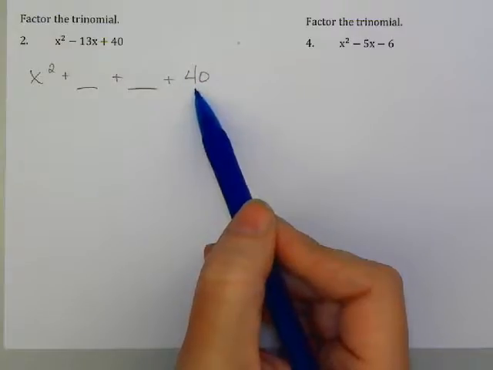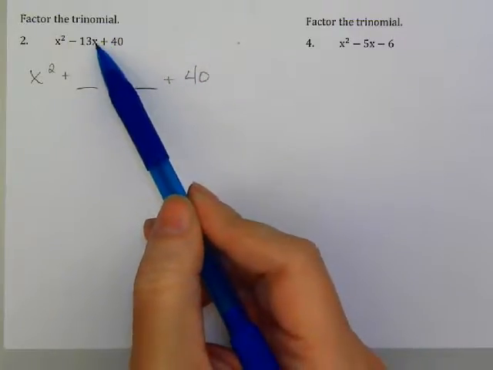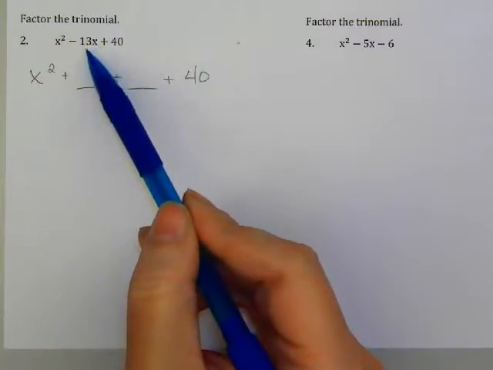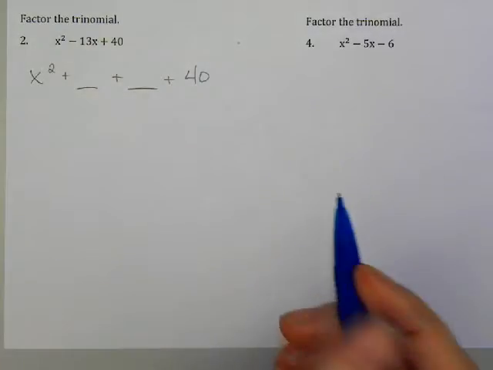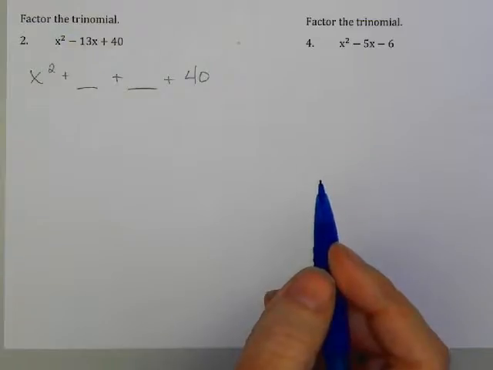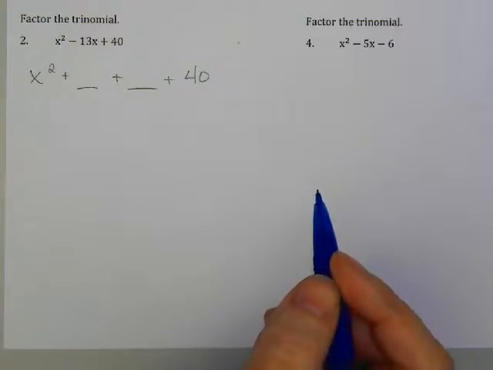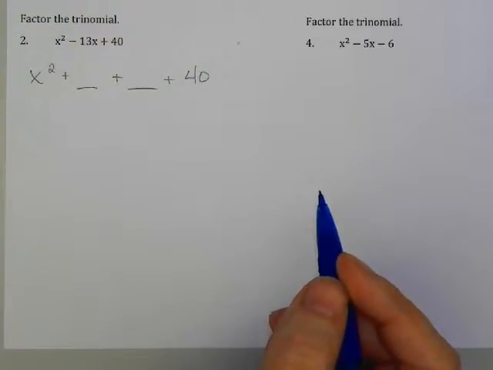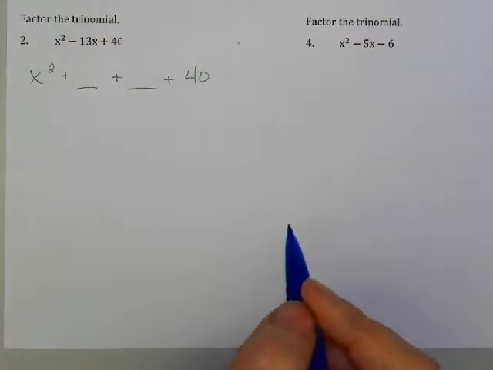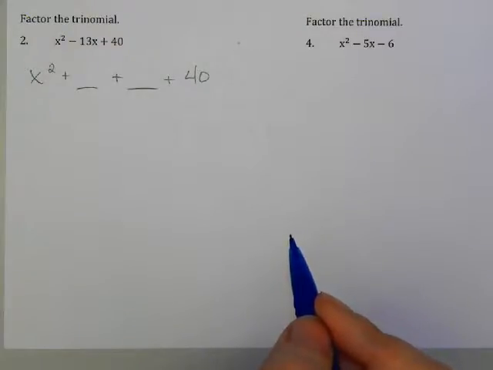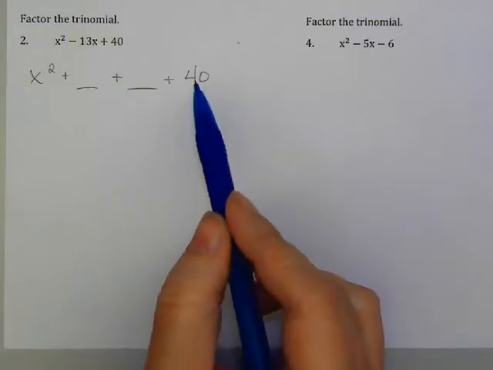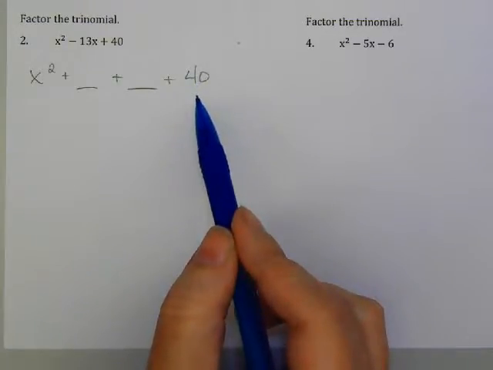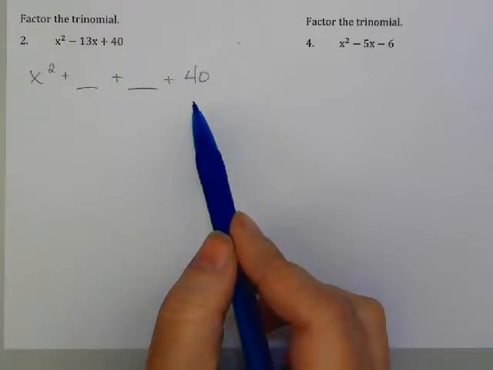So if they multiply together to give me a positive number, what do I know about them? They're going to both be negative or they're going to both be positive. In this case, how do I know they're both going to be negative? Because the middle term has to be negative, so they have to add up to a negative number.